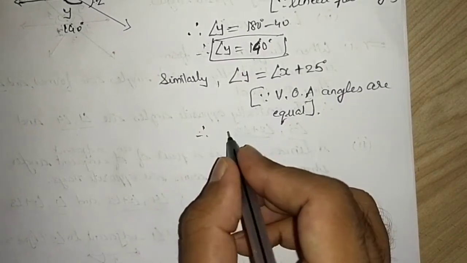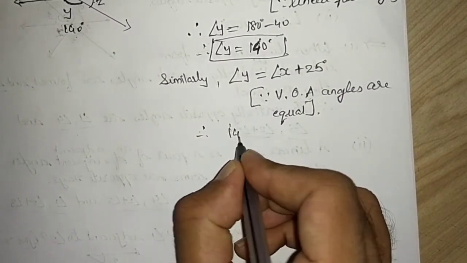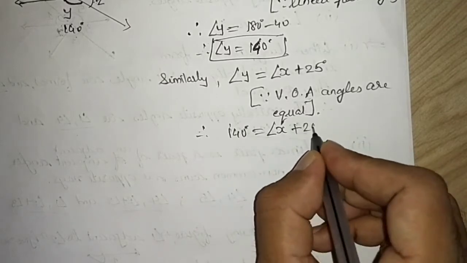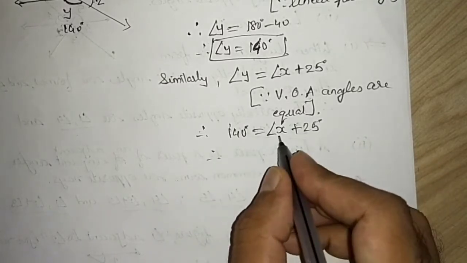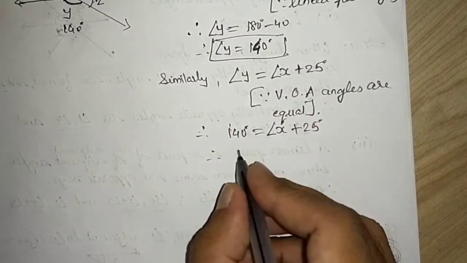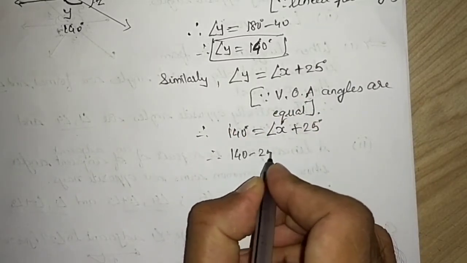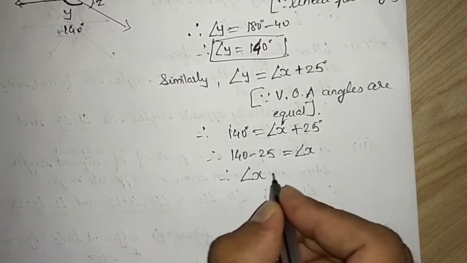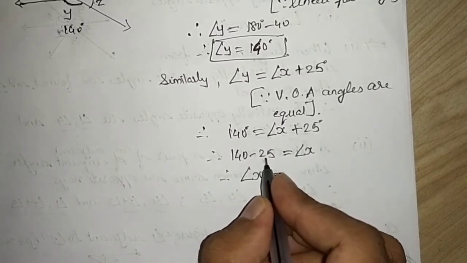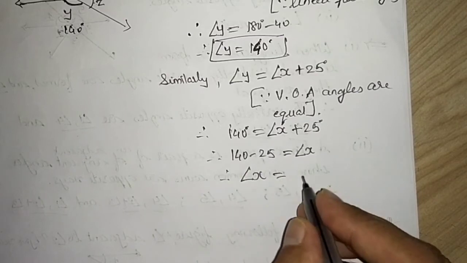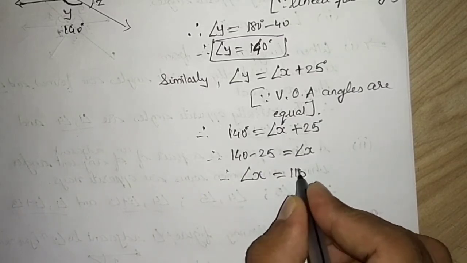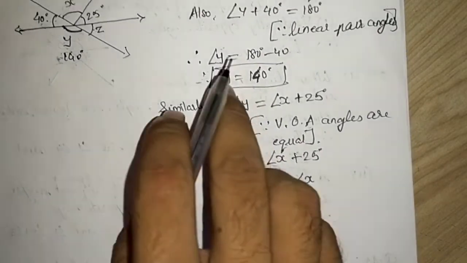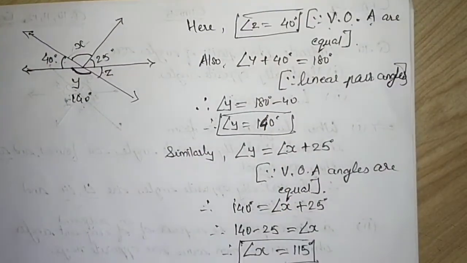So putting the value, y we got 140 degrees, x we want to find, plus 25 degrees. So we will keep x there only, we will take 25 this side, so it will become minus 25. Therefore angle x we will get 140 minus 20 is 120, 120 minus 5 is 115. So we have got all the three values, x, y and z.